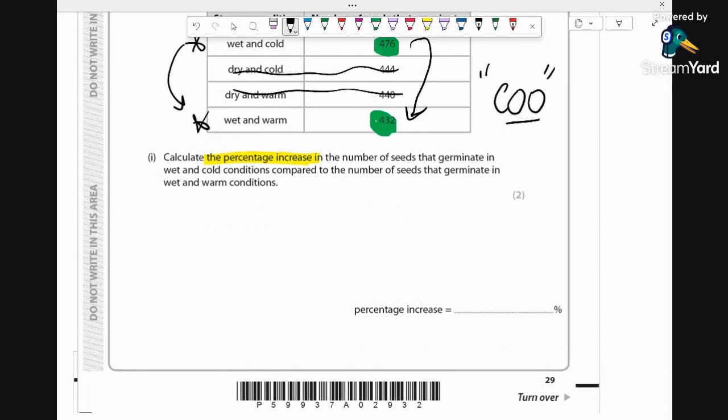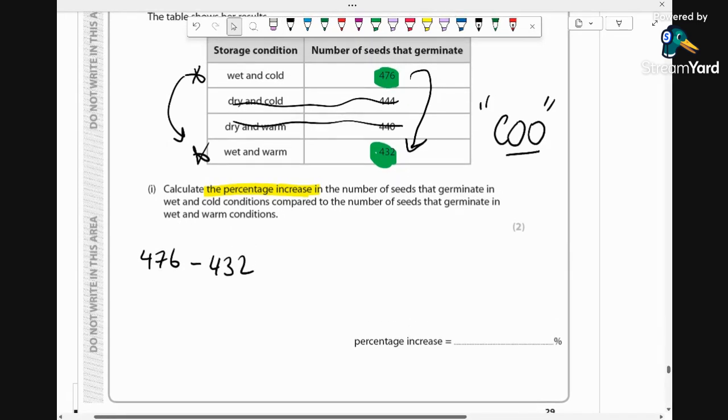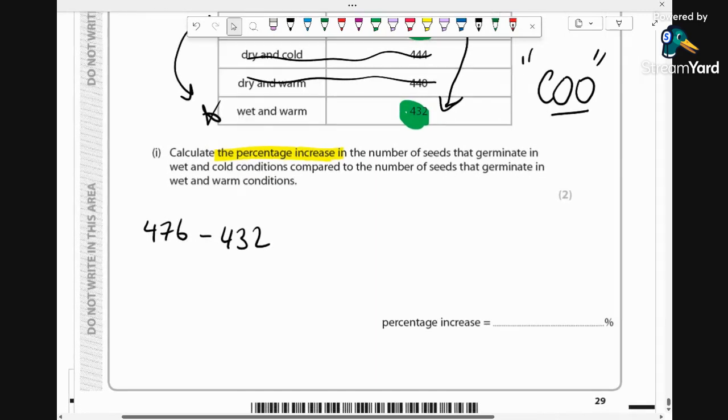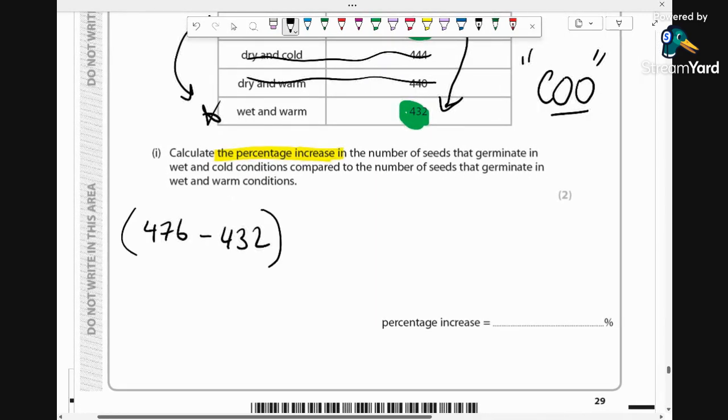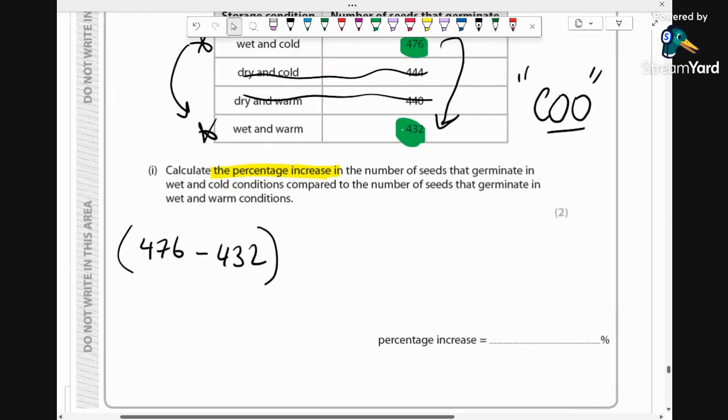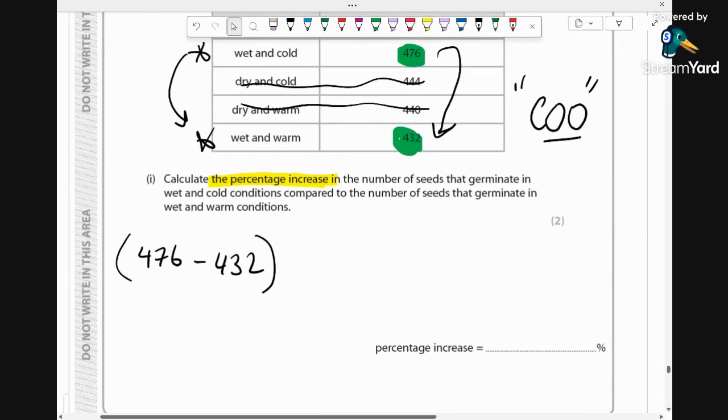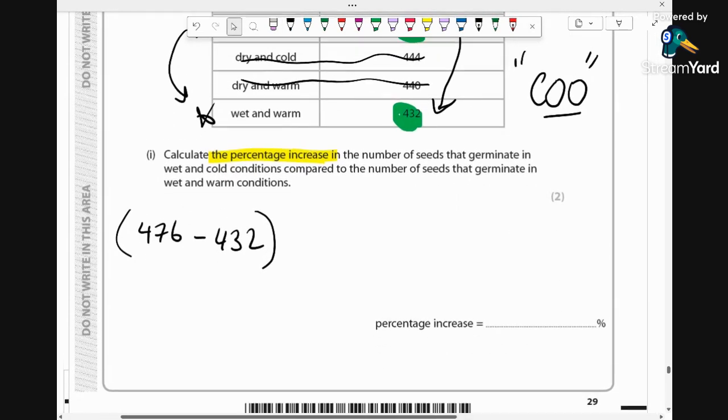So change over original, right? So the change is 476 minus 432. Okay, do the change from the start to the finish, right? And whatever value you come up with will give you the right sign. So don't flip it just because, if you were going to end up with a negative number, don't flip it.